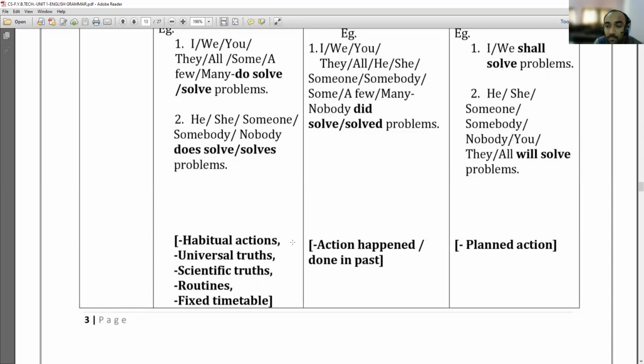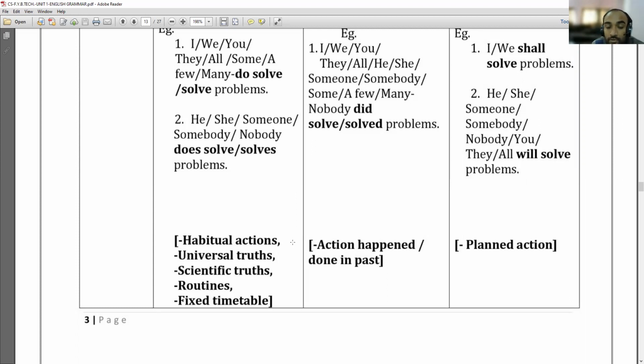For showing the habitual actions, we use the simple present tense. Simple present tense ना आपण कुठल्याही habitual actions दाखवतो. Whatever universal truths are there, for example, rising of the sun in the east, or moving of the earth around the sun, these are universal truths.